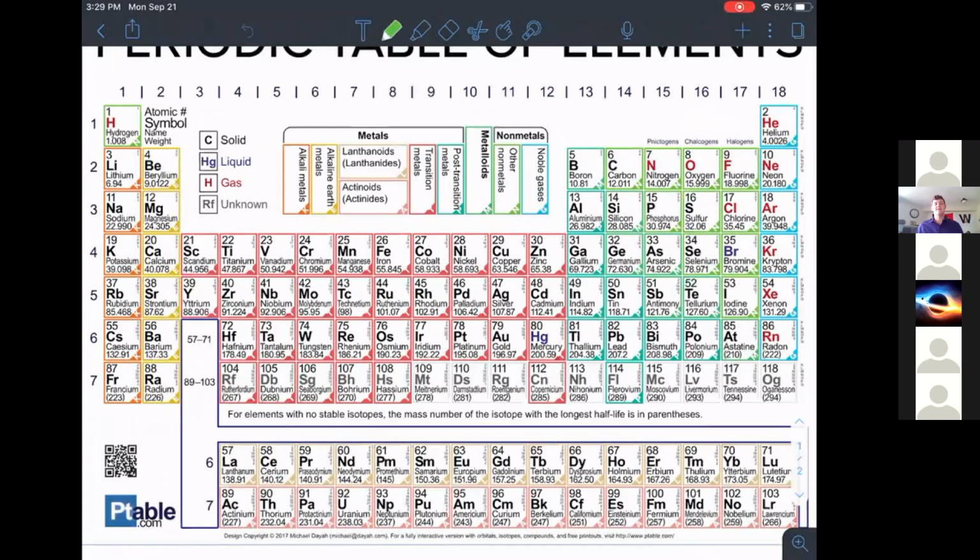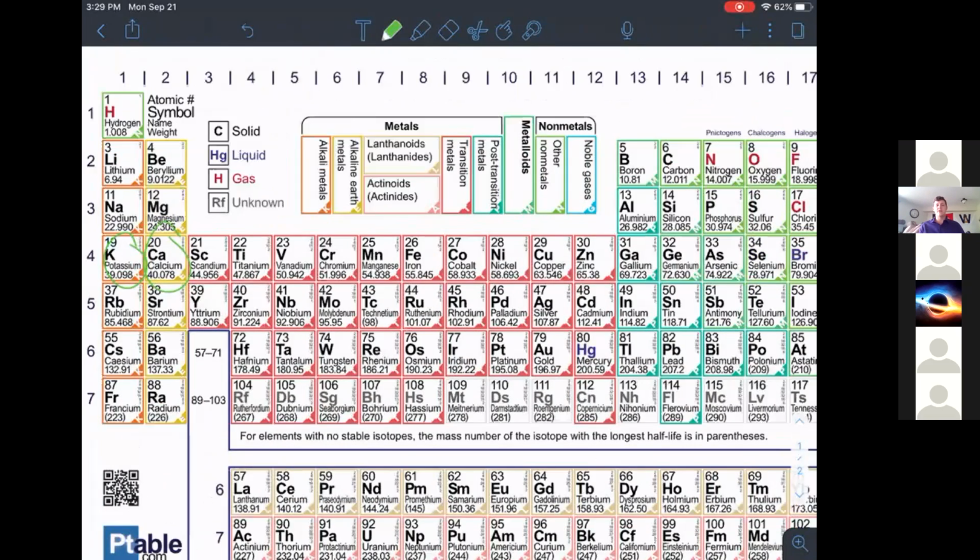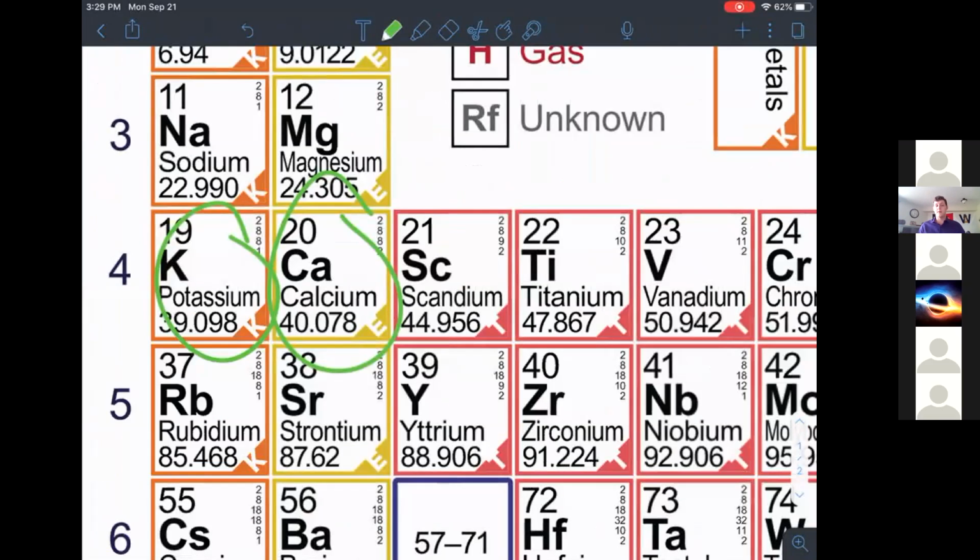Perfect, 2. And it has 2 because it has 2 electrons in its outermost shell. Or if we look, calcium is the second element in its row, and every row is a new shell or orbital for our elements. So it's the second one, which means it has 2 electrons in its outermost shell.